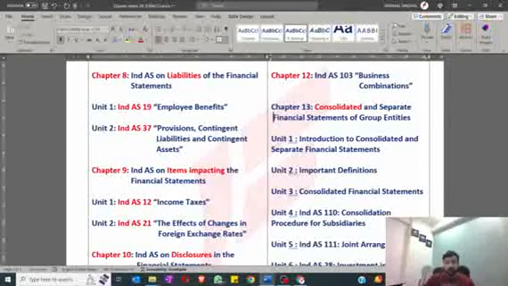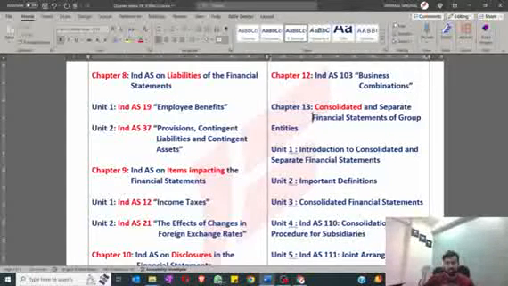And separate financial statements are abbreviated as SFS. On CFS, we have a full accounting standard, Ind-AS 110.